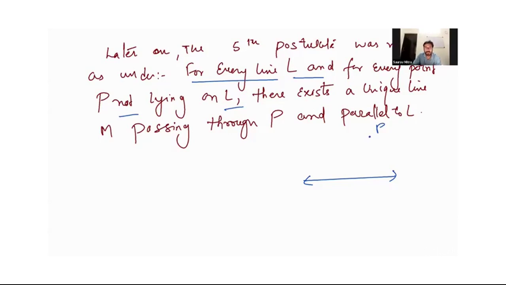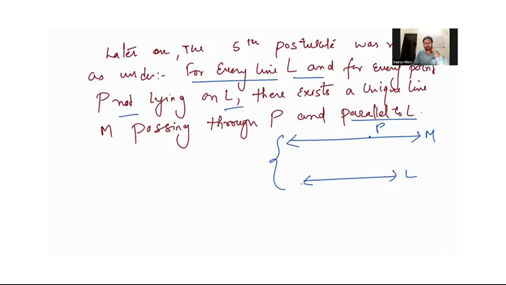There exists a unique line capital M passing through P and parallel to L. That means there is only one line passing through this point. Let us say this line is M, as given in your statement. This is the only unique line that will be passing through capital P and it will be parallel to capital L.